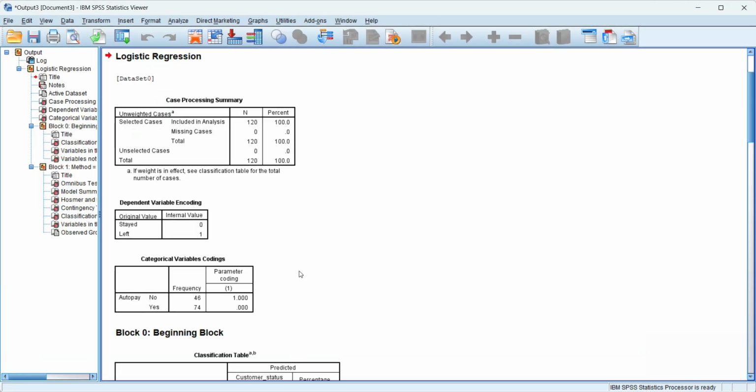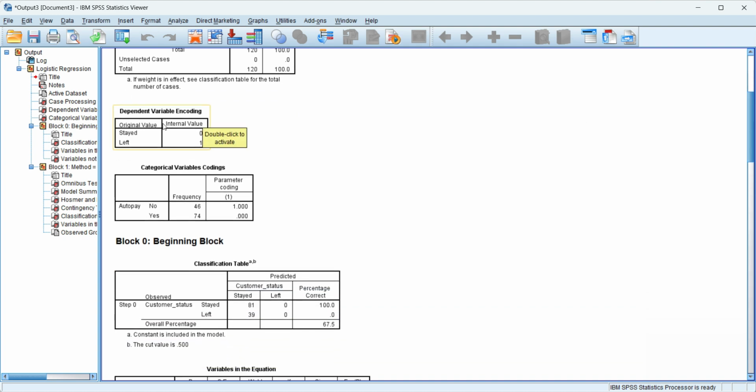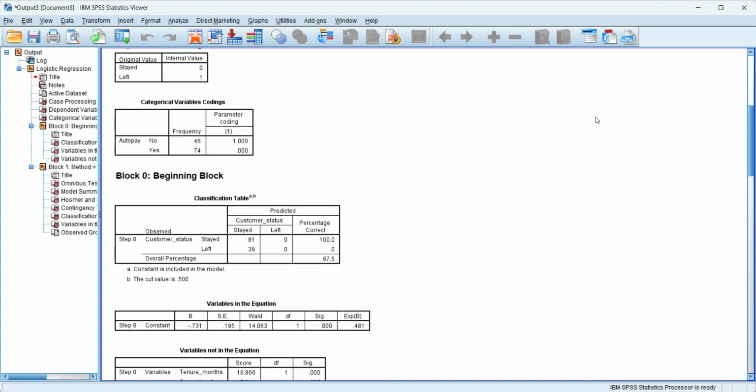So here are the results of the binary logistic regression. You can see there is a total sample size of 120, with missing values 0. Next, the dependent variable coding is 0 equal to customer stayed and 1 equal to customer left. For categorical variable coding, autopay was a dichotomous variable with no and yes.